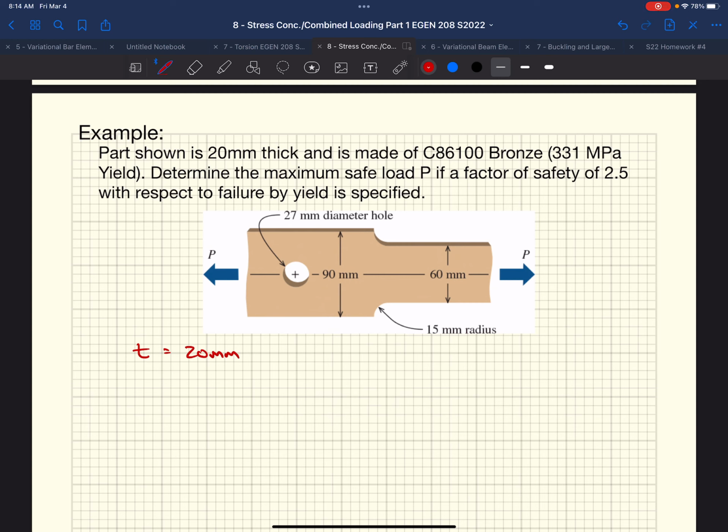And they also give us the diameter of the hole is 27 millimeters. So we have all of the dimensional information about our bar. We also were given the material properties. We're saying that the yield stress was 331 megapascals, right? You could also get this if we went out to the text. I don't know if anyone has gone out there to Appendix D.